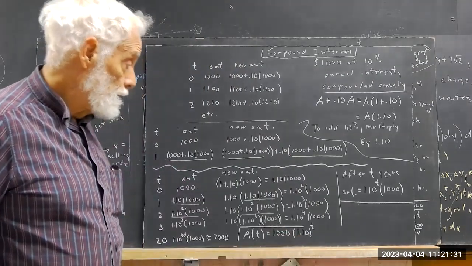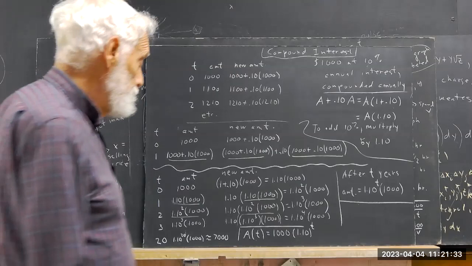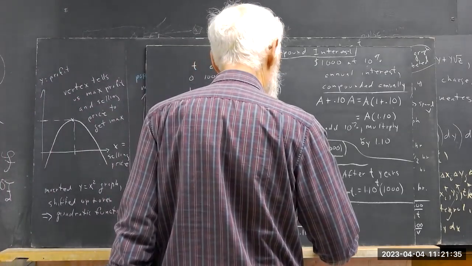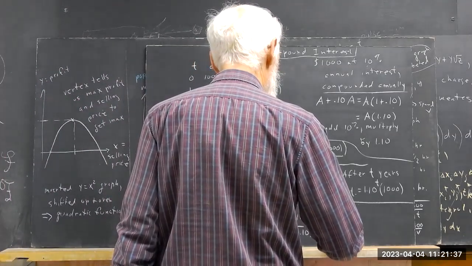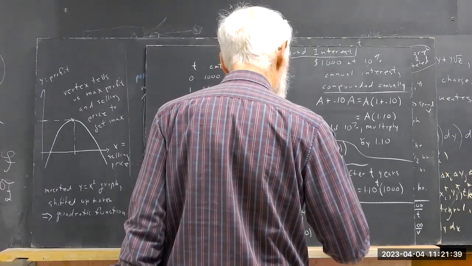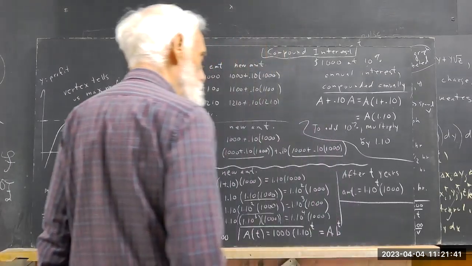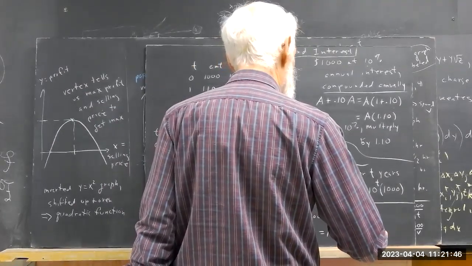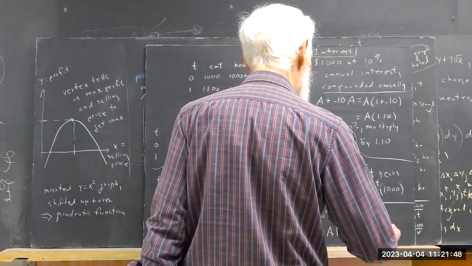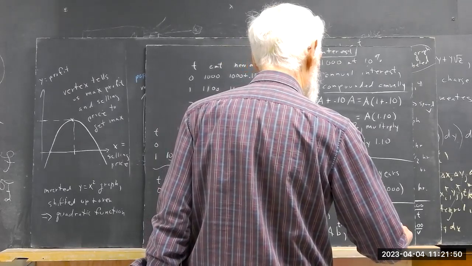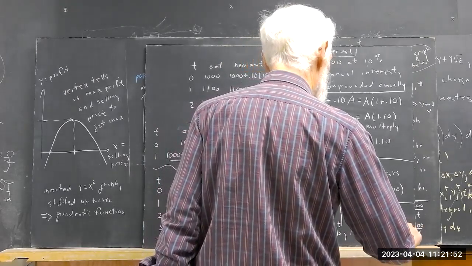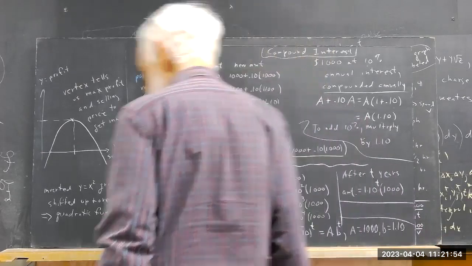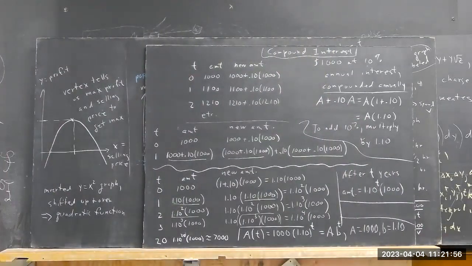Well, you recognize that as an exponential function. That's A B to the t. A is 1,000 and B is 1.10.